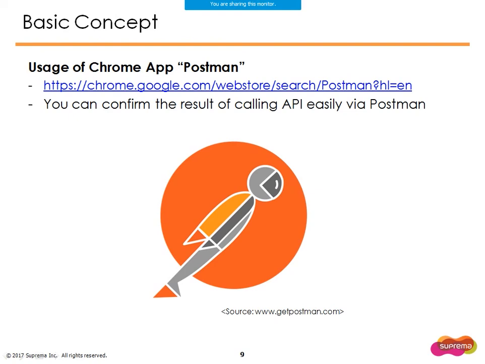I think the biggest advantage is that the history of your API calls is retained. You can download Postman through the Chrome Web Store.